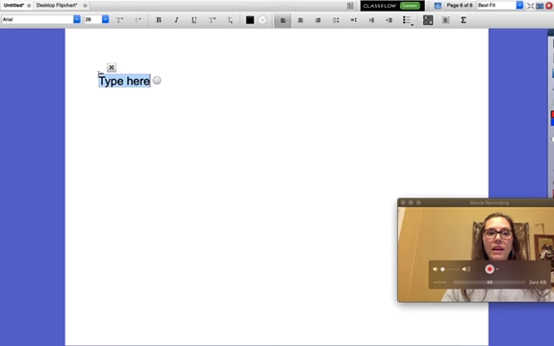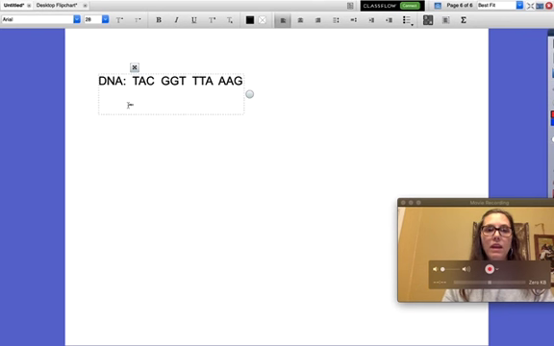So let's say that your DNA strand is T, A, C, G, G, T, T, T, A, G. Okay, so all you would need to do is do the complement. So remember our rule. T pairs with A, so that's what we go here.